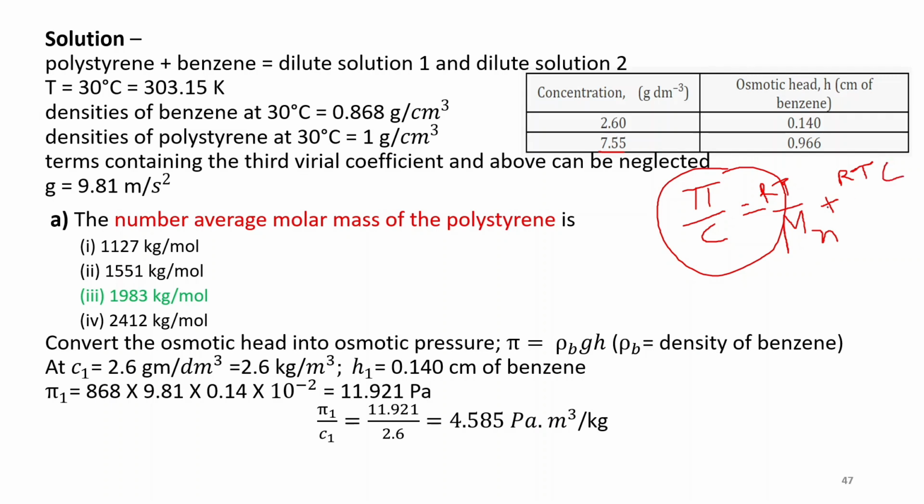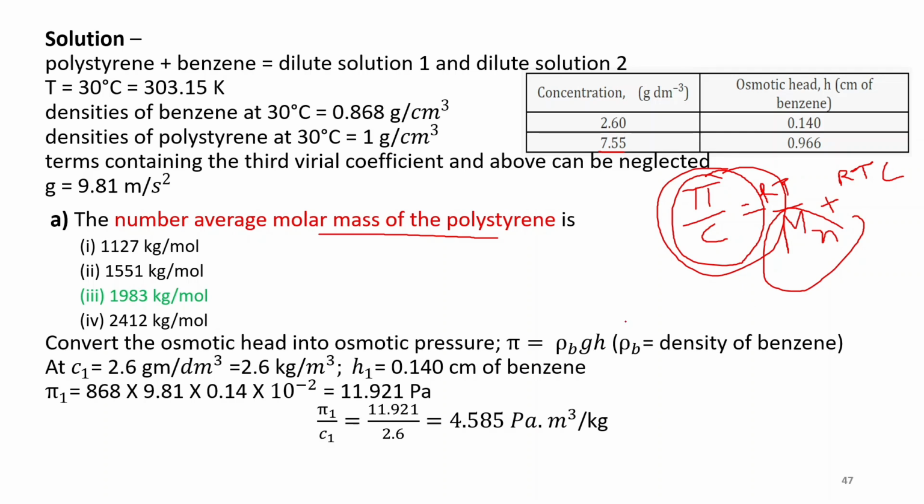We need to calculate the number average molecular mass of the polystyrene, right? So for calculating it, we need this pi by C, the osmotic pressure divided by concentration, so that we can put it into this equation and calculate.